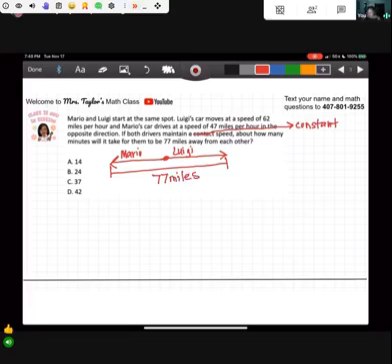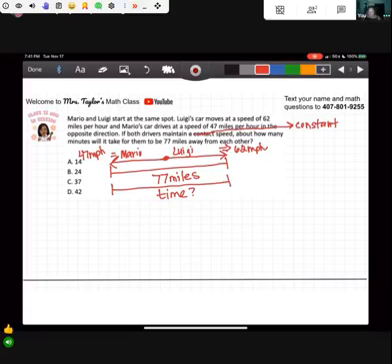We also know that Mario is traveling at a speed of 47 miles per hour, and Luigi is traveling at 62 miles per hour. We want to know how much time it is going to take them to be apart 77 miles. And the time has to be measured in minutes.